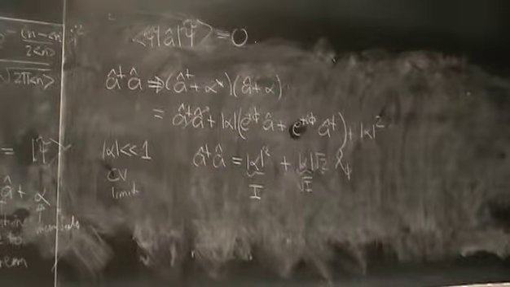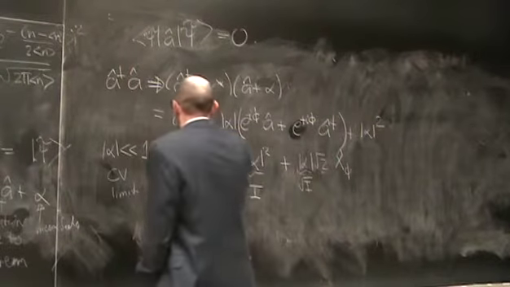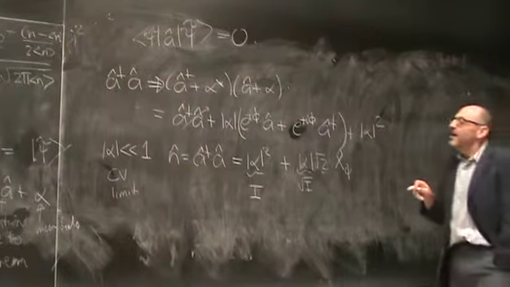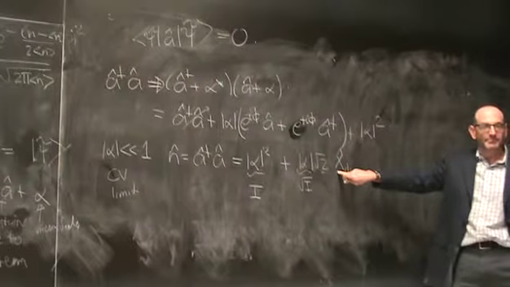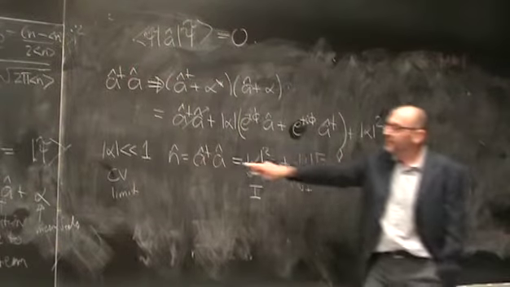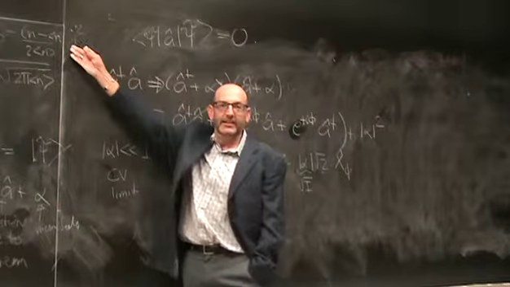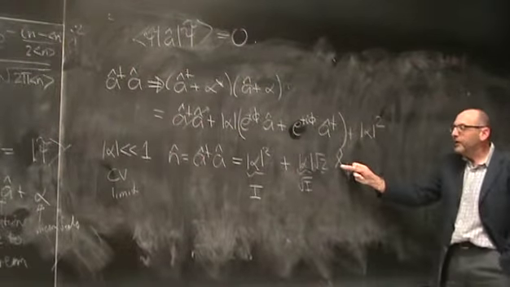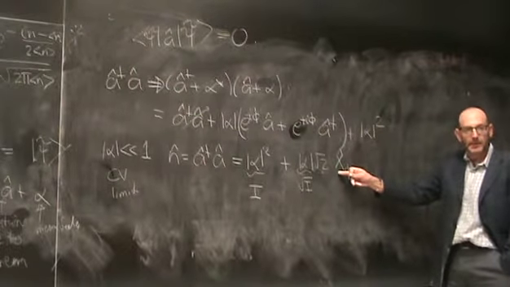This is my number operator. In this limit, if this is a Gaussian random variable, then the photon number statistics look Gaussian. It has this mean, and this operator is representing the fluctuations around the mean.